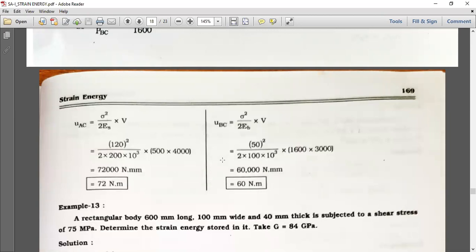Now, UAC is equal to sigma square upon 2ES into volume. Put the value of each component in the equation. We can get UAC is equal to 72 Newton meter. Similarly, UBC is equal to 60 Newton meter.